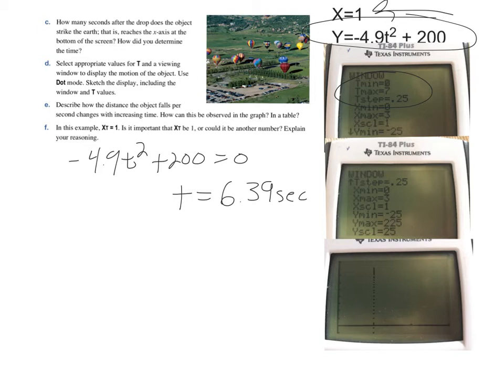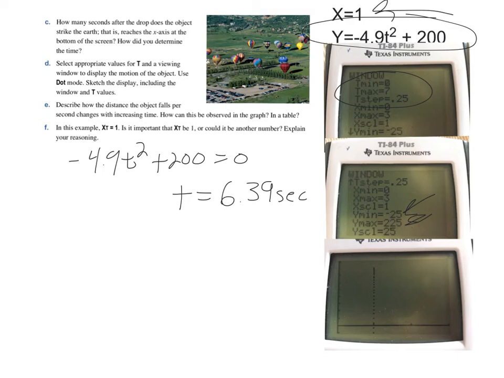And your y, well, the maximum height's 200 where the object's being dropped, so let's go a little bit above 200. Let's set that max at 225 and then just a little bit below the x-axis, so we're going to go with a y min of negative 25. Again, your scale can be whatever, 50, or as I chose, 25.